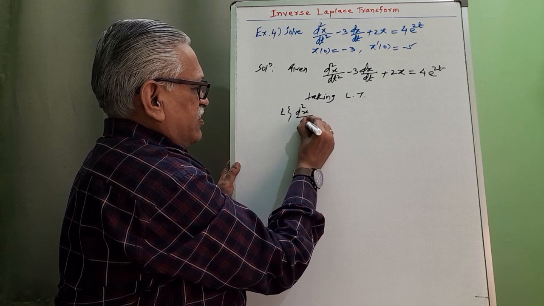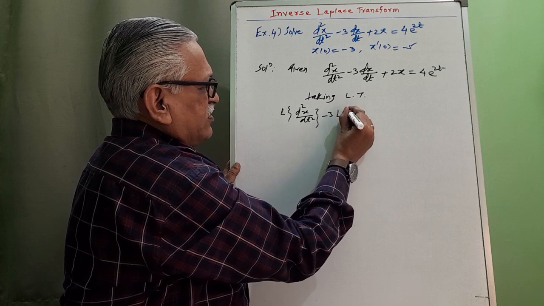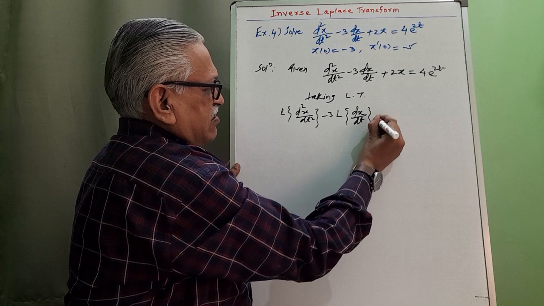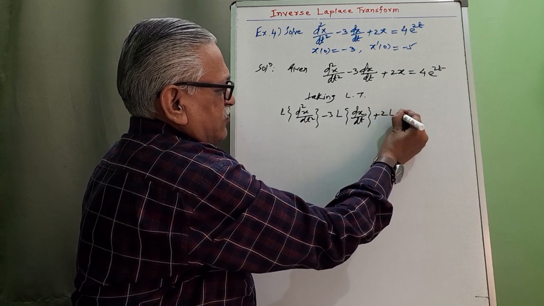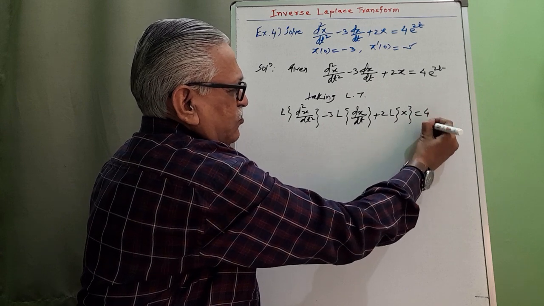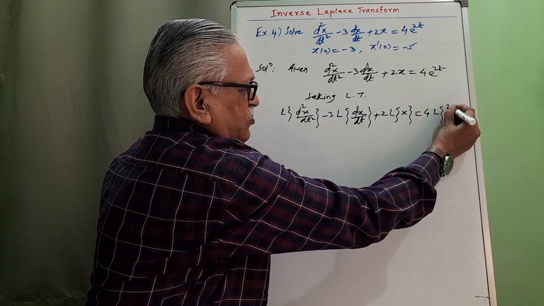minus 3, constant outside, Laplace transform of dx by dt, plus 2 times Laplace of x, and on the right hand side 4 constant outside, Laplace of e raised to 2t.